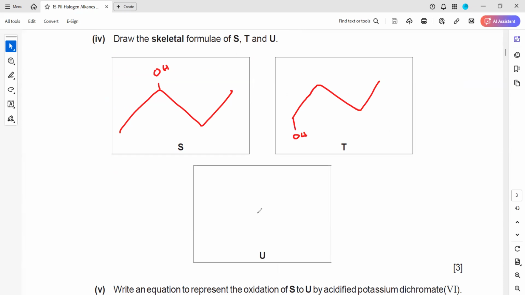And what about U? U was from oxidation, so it was a ketone, butan-2-one. So these are the skeletal formulas of these compounds. You can just draw the lines as well.